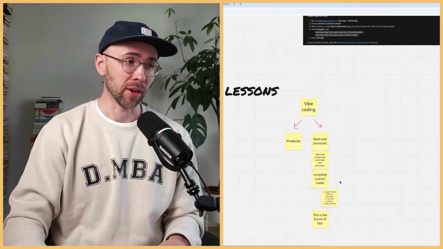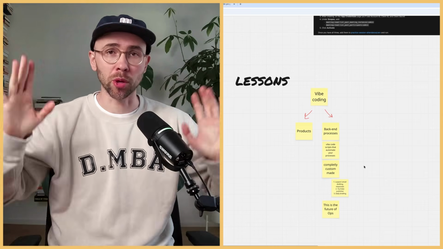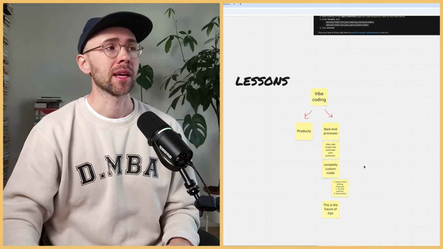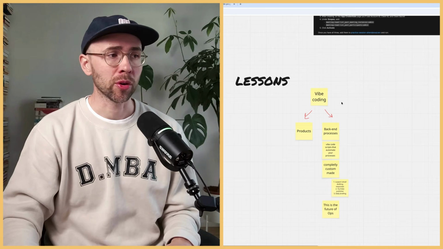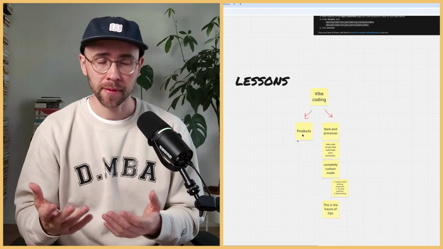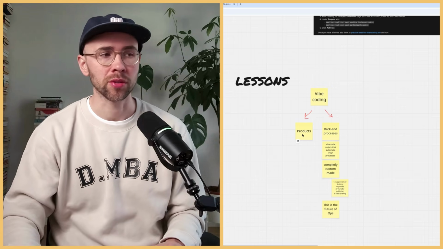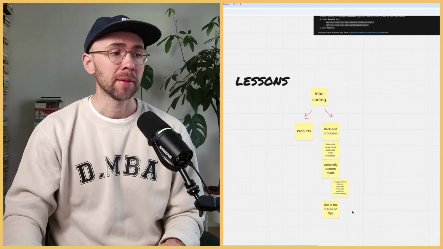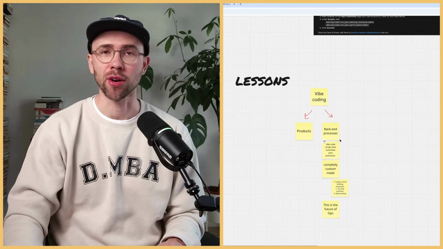So honestly, when I built this first automation for myself, it was one of those mind-blowing moments. And I think the big lesson that I want to share with you is that a lot of people talk about vibe coding, mostly about building products, building my SaaS that I can sell to the consumer market or B2B market. But I think there's a huge, maybe even bigger market for the back-end processes.